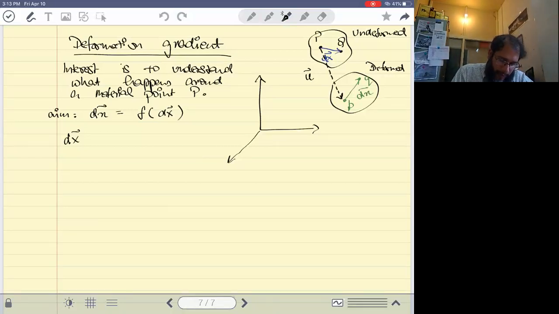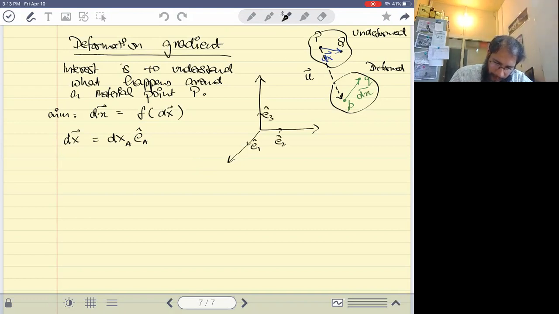So dX here is written as dX_A E_A vector. So E1, E2, and E3 are the unit vectors in the three directions, and then of course you have your capital X1 direction.